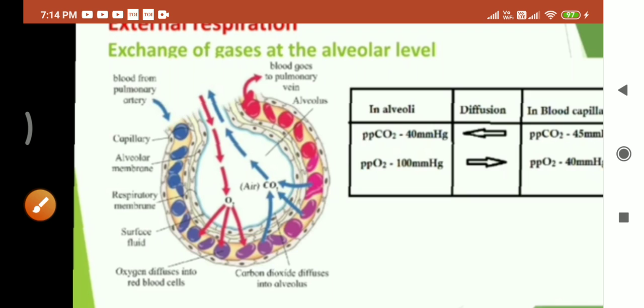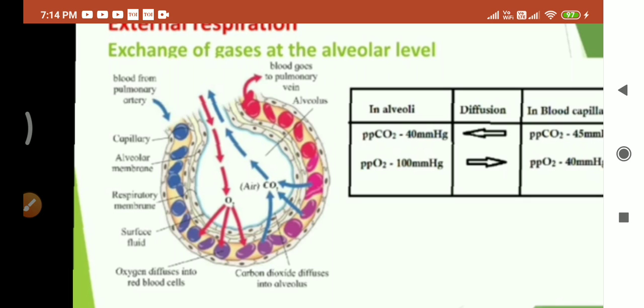I hope this whole picture is clear in your mind. The simple concept: pulmonary arteries bring the deoxygenated blood. When it comes to the alveoli, this deoxygenated blood is oxygenated by the process of external respiration.